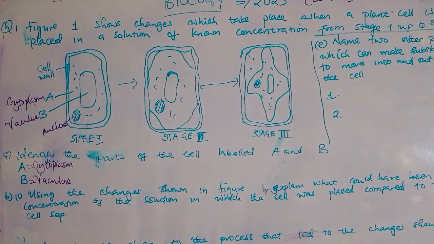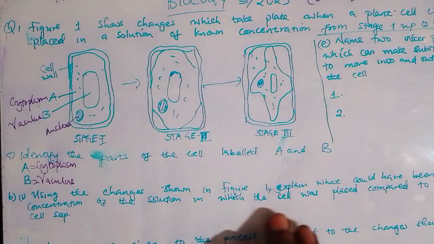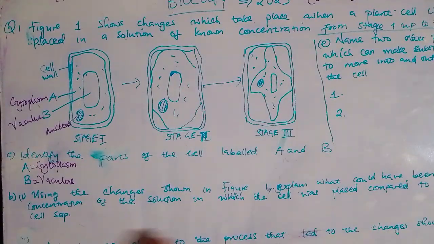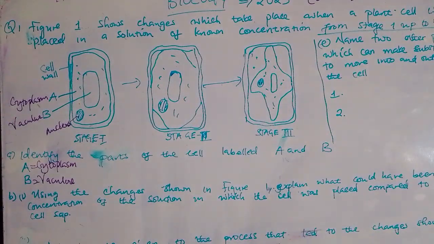Yeah. So moving on to our second question, which is saying, using the changes shown in figure 1, explain what could have been the concentration of the solution in which the cell was placed compared to the cell sap.